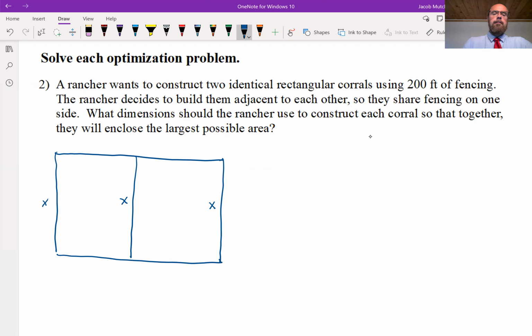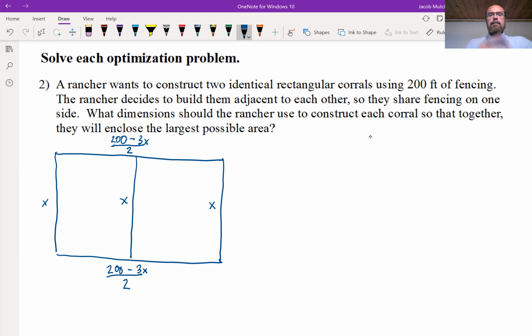So to define this upper piece, it's 200, and then I subtract from it these 3 pieces that are marked X. So that's minus 3X. But then I need to split that length between the upper horizontal and the lower one, so I'm going to call it (200 minus 3X) divided by 2.